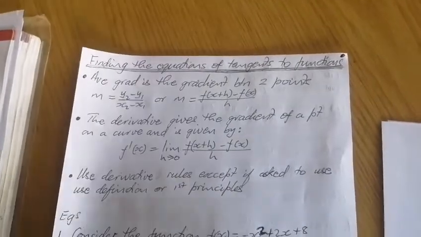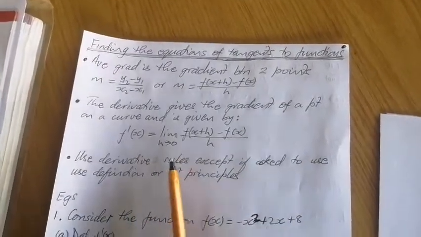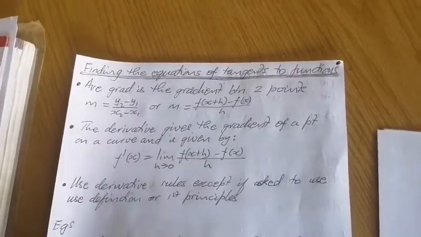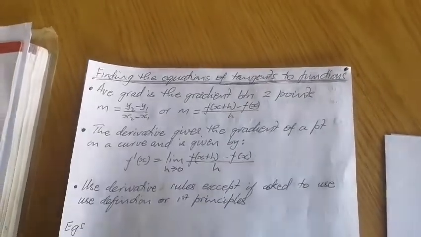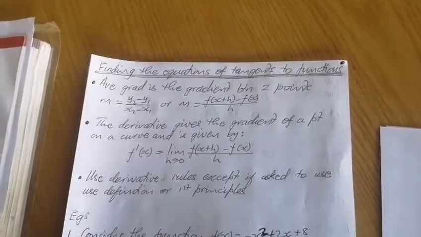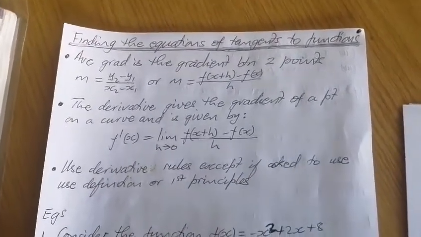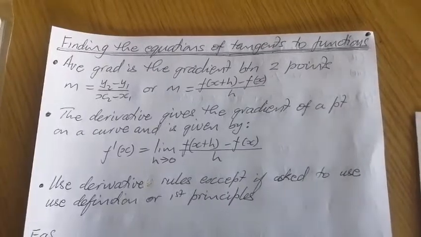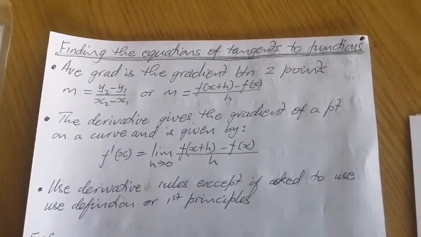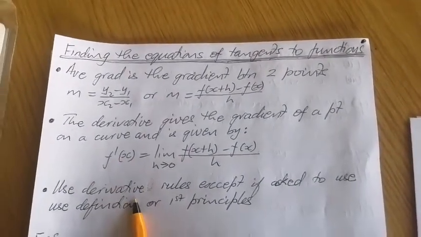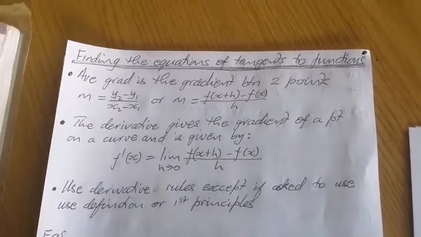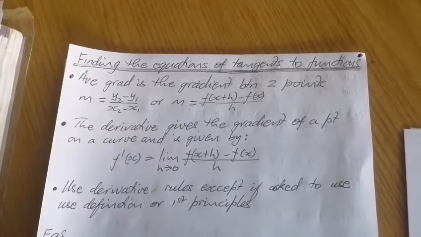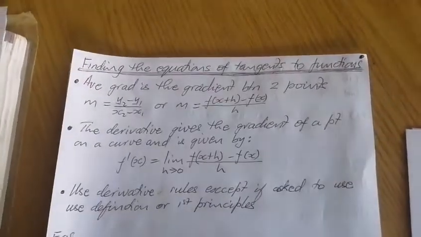When the question does not demand that we use first principles or definition, we use the rules that we have discussed. So use derivatives and their rules, except if asked to use the definition or to derive from first principles.